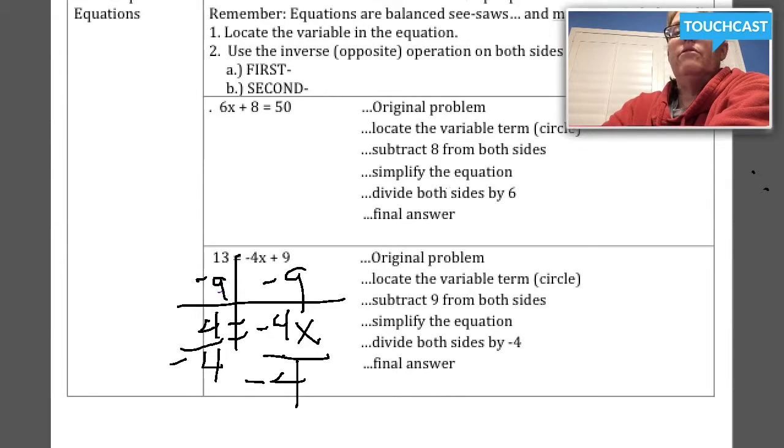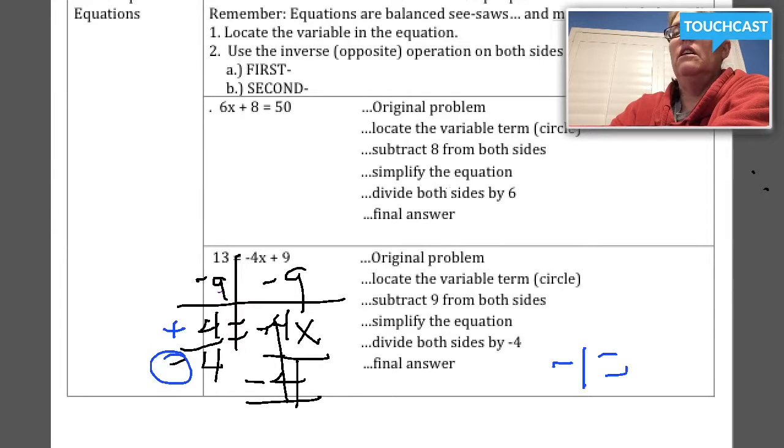Negative 4 divided by negative 4 is 1, and positive 4 divided by negative 4 gives me negative 1. And that's the answer for that one.